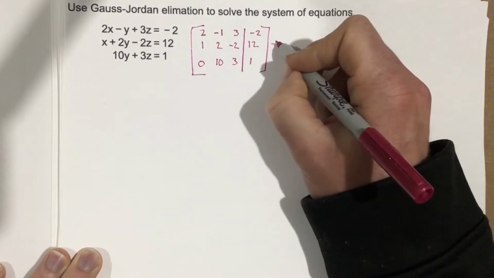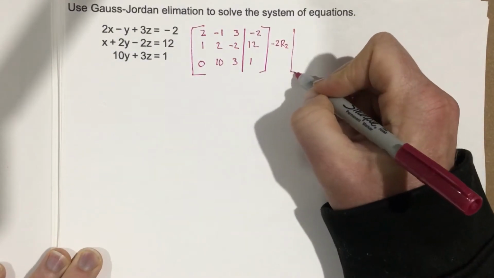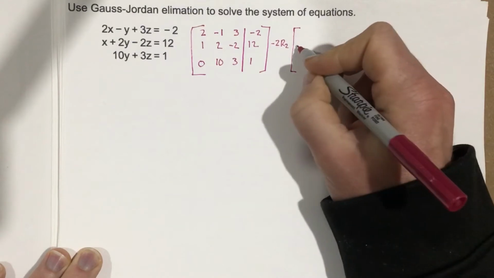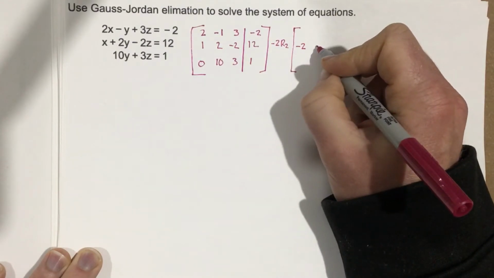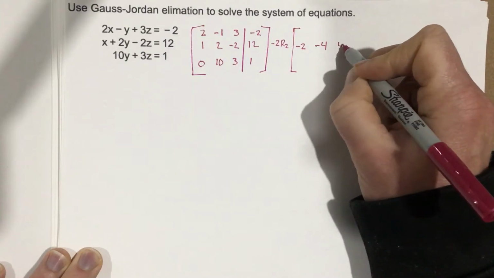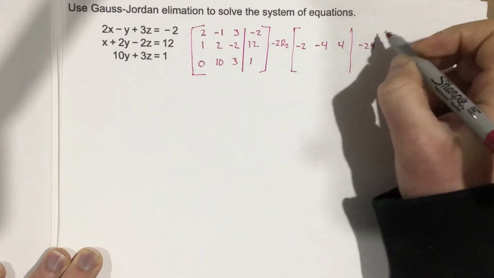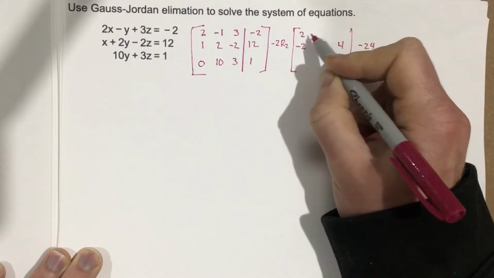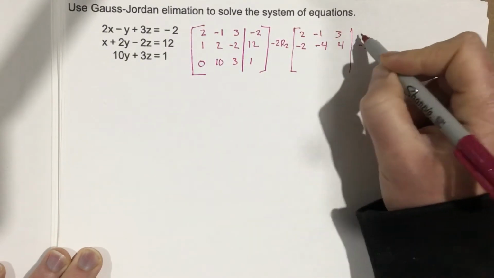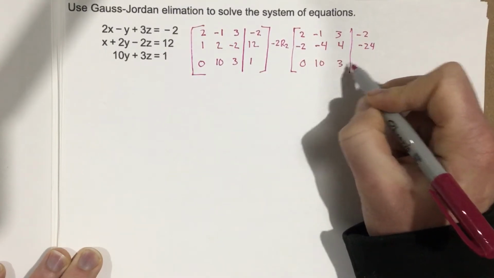So I'm going to take -2 times R2. And when I multiply -2 to the middle, I get -2, -4, 4, -24. And this will be 2, -1, 3, -2 on the top, 0, 10, 3, 1.